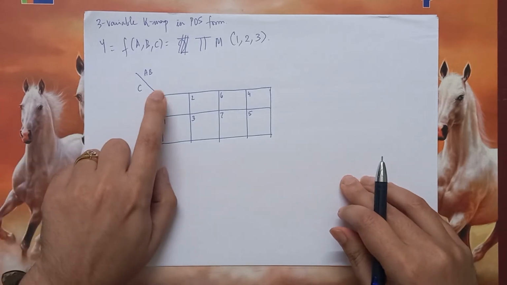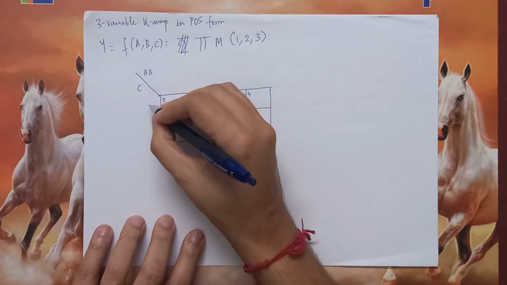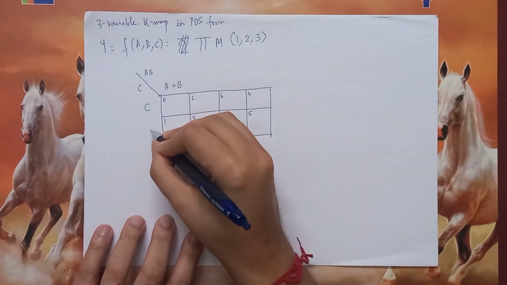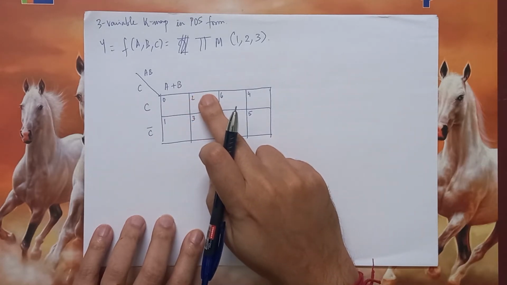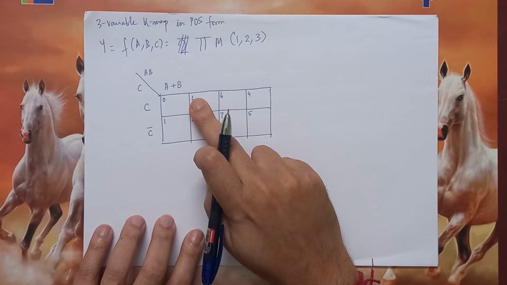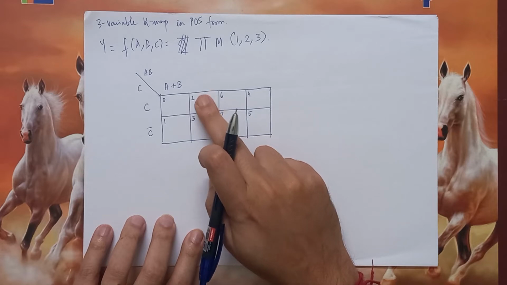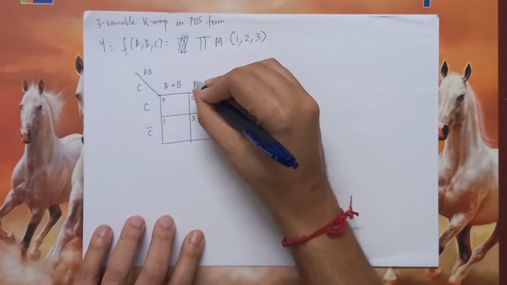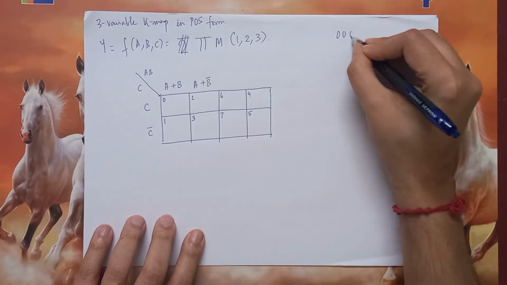So 0 means it is 0, 0, 0. That means all are 0. That means this will now be A plus B plus C. And this will be A plus B plus C bar. 2 is 0, 1, 0, that means A plus B bar plus C. Just remember that.